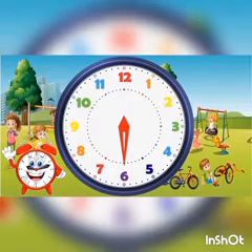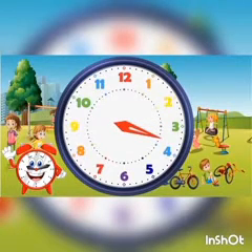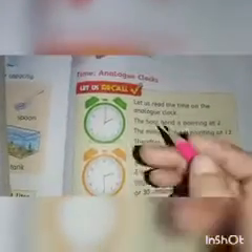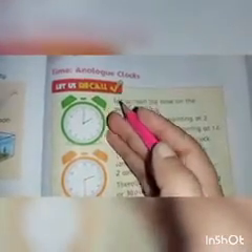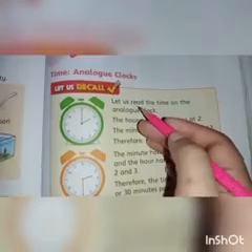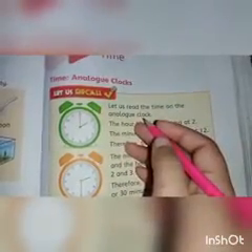If the hour hand is in between two numbers shown on the clock, we can say it is in the 3 o'clock range. Let us recall. Let us read the time on the analog clock.